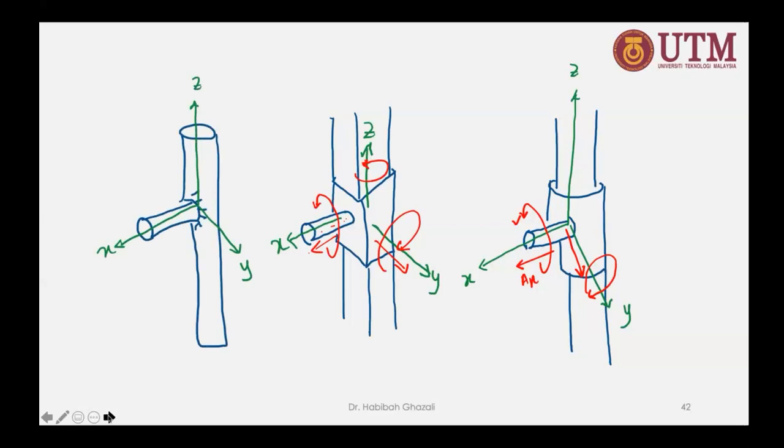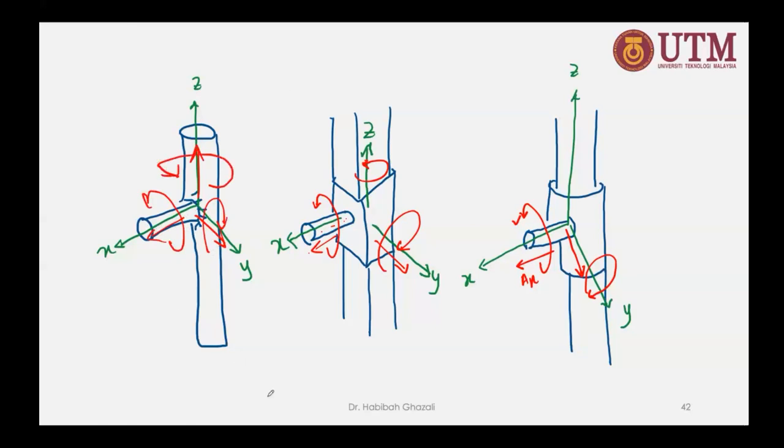And lastly, with this one, this is a fixed one. So this pipe is on the pole, but I fix it in there. I weld it. So it's now welded to this pole. So for this one, it will prevent it from moving in any translational direction, also going to prevent it from rotating.